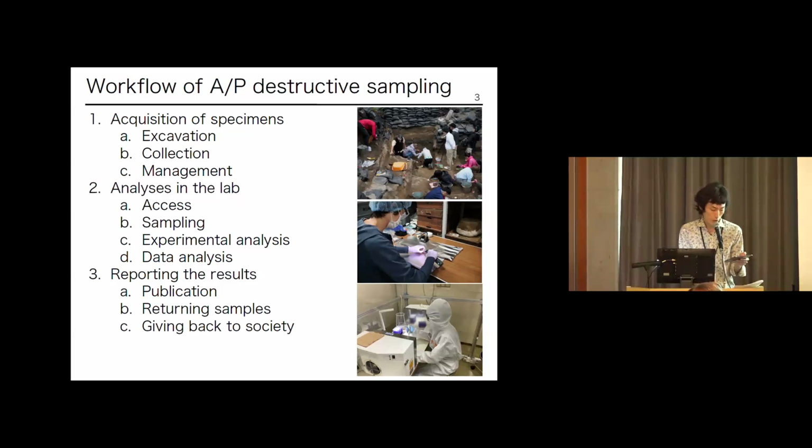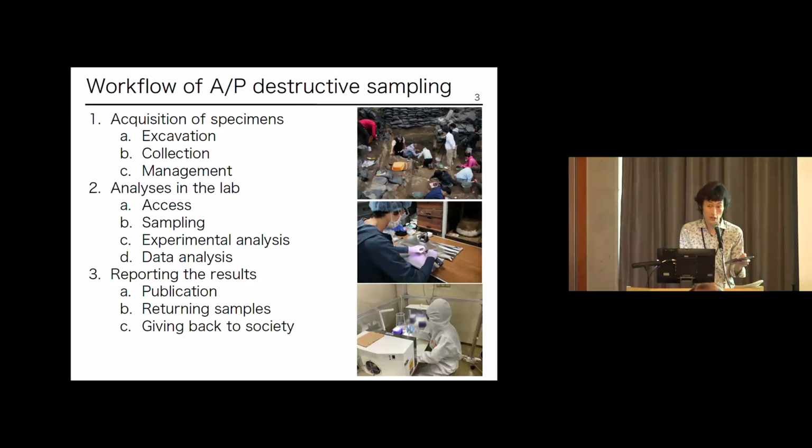Researchers who perform analysis need to access these stored specimens. After obtaining official permission to conduct research, they sample a portion of the specimens. The subsamples obtained are then analyzed in specialized laboratories to generate data. These results are typically published in scientific papers.